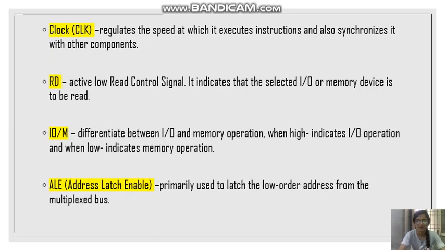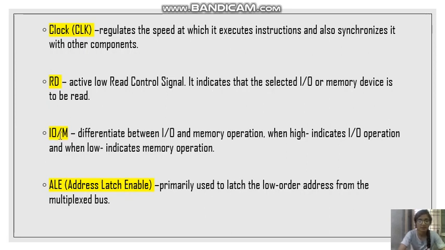But we have other terms also which we will use in our timing diagram. The first one is the clock, which helps to regulate the speed of execution of instructions in the microprocessor and also helps to synchronize the different components of the microprocessor. The next is read bar. Here the bar will come as it is the active low read control signal. It will tell the memory that the microprocessor needs to read the data.